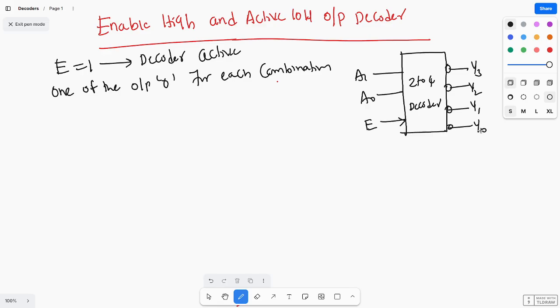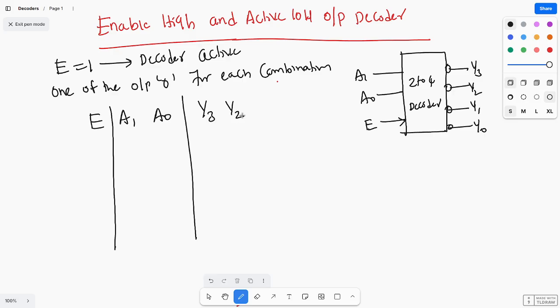So I need to design this. Enable, a1, a0 are the inputs, and y3, y2, y1 and y0 are the outputs.